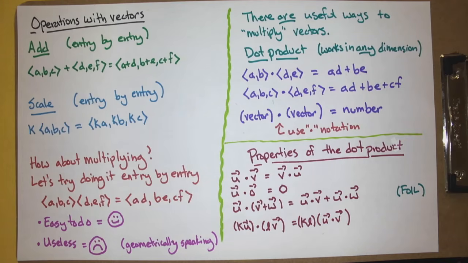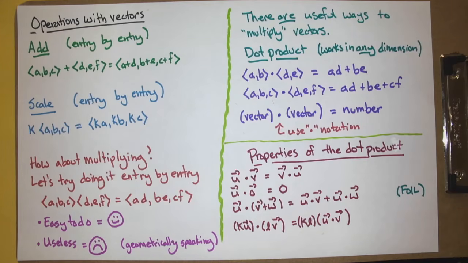Let's see, what else do we have? This is a good one. U dot (V plus W) is U dot V plus U dot W. In other words, distribution works. And this is nice, because if we can distribute, we can FOIL. Which means if we have something dot something, we can do our first, outer, inner, last type idea.